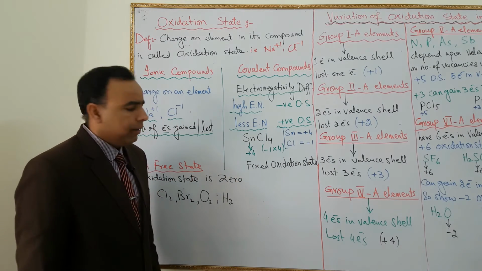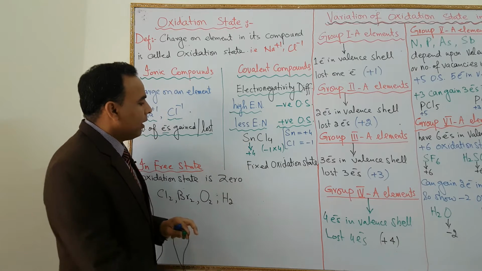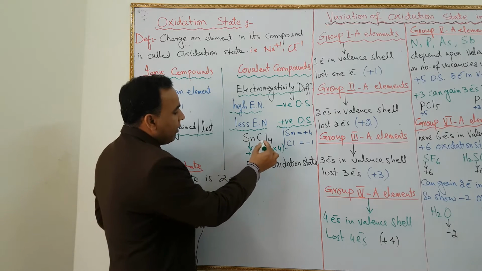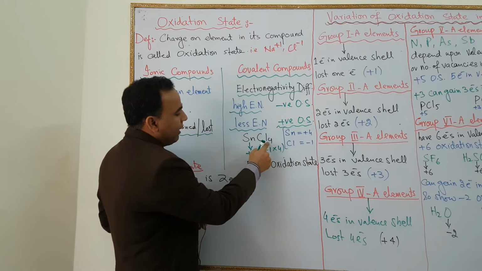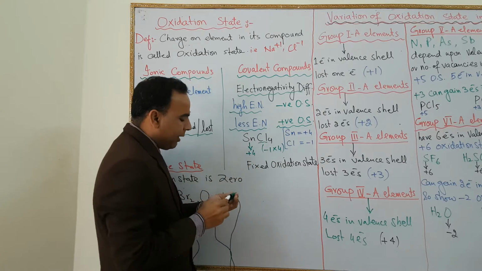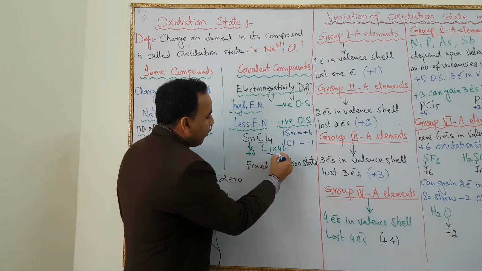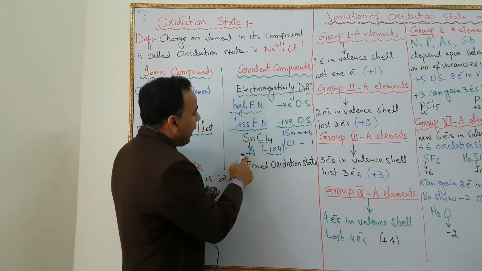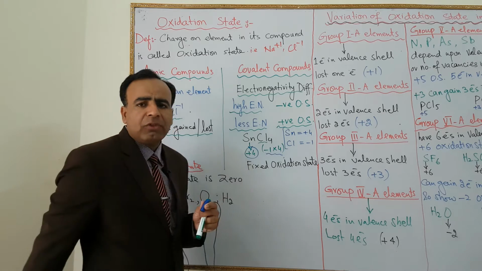For example, in the case of SnCl4, chlorine has -1 oxidation state and there are 4 chlorine atoms which are attached over here. Therefore, 4 multiplied by -1 is equal to -4, and the oxidation state of Sn will be +4.